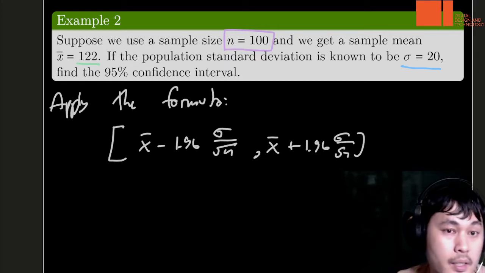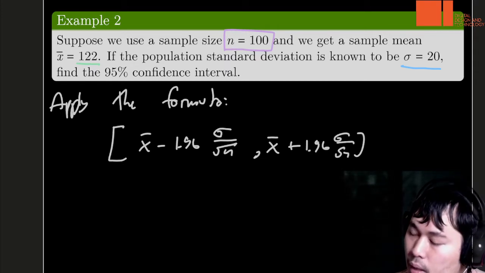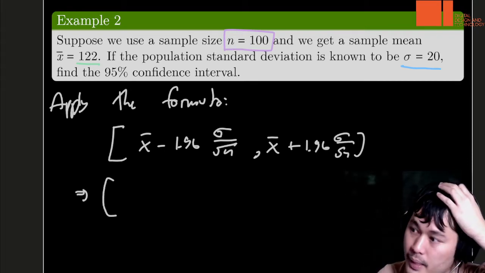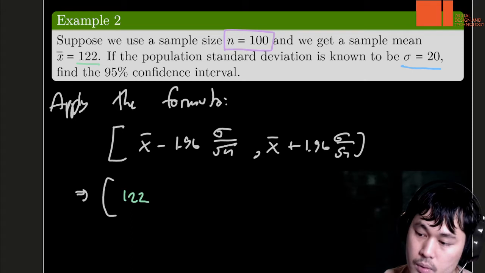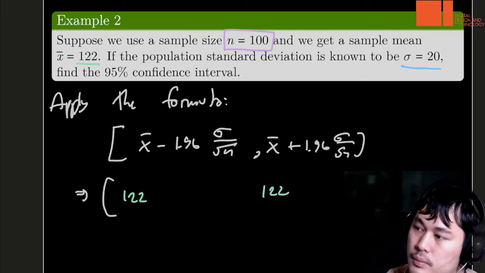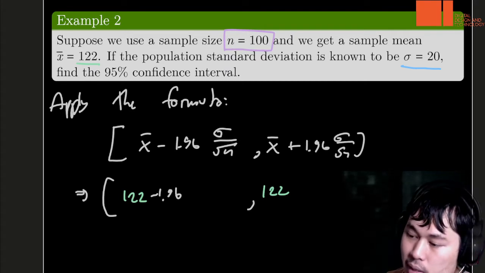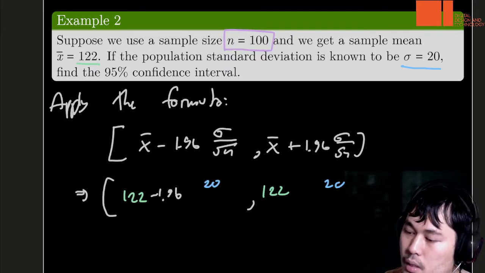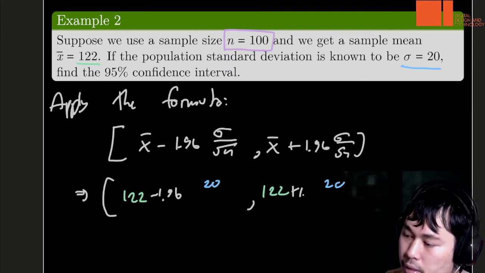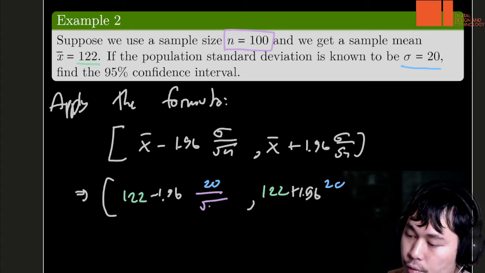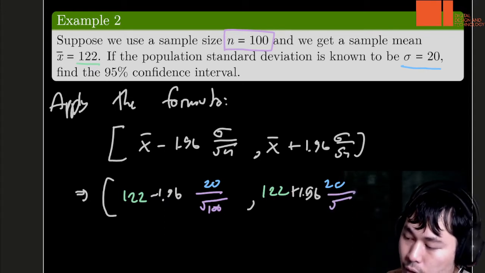So that's the formula. And if you plug everything in, x bar is 122, and 1.96, just keep it. Sigma is 20. So that's plus or minus 1.96 times 20, and n is 100, so divided by square root of 100.